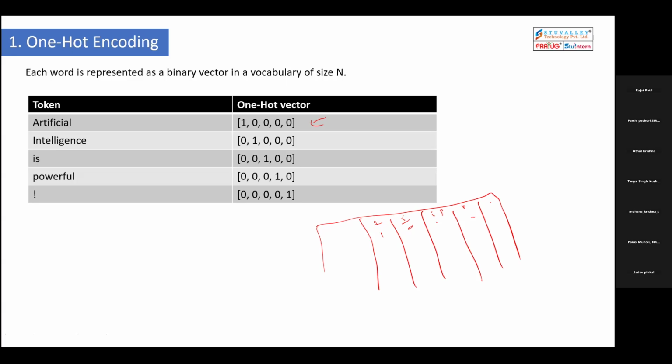Sahil or Prashant? Sir, please mute them. Okay. So guys, please mute them here.